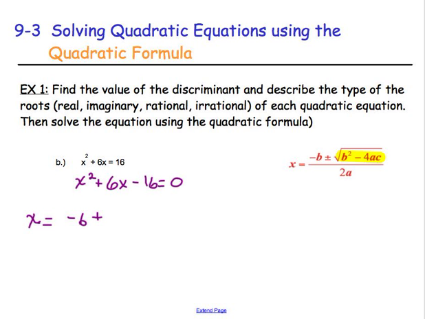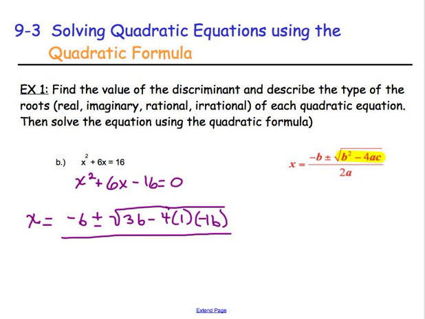-6 plus or minus the square root of 36, because that's 6 squared, minus 4 times 1 times -16. So over 2 times a is 1, so it's just over 2. Under the radical, 36, and it's minus 64.